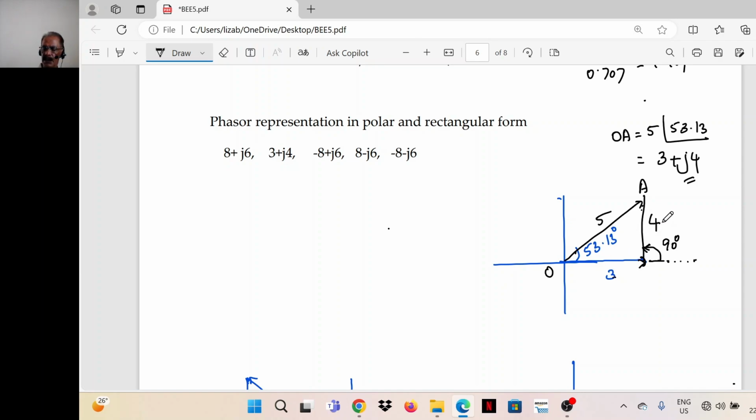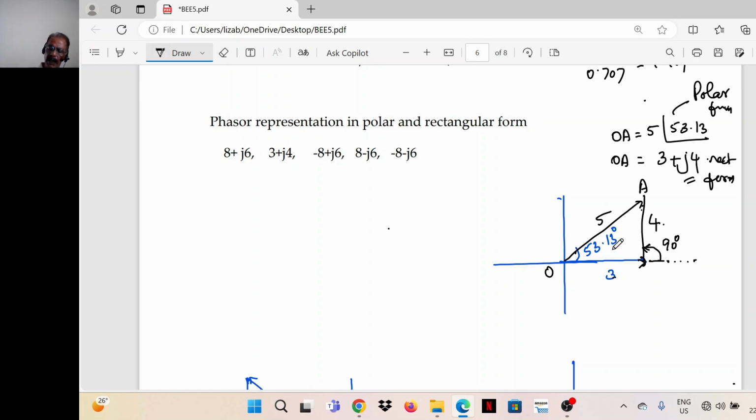So that can be expressed as 3 plus j4. This is the representation in rectangular form. This is called polar form. Both are the same phasor only.